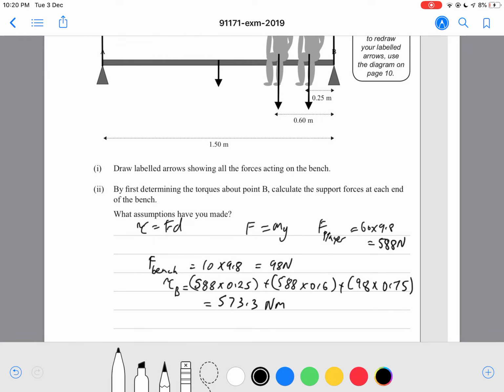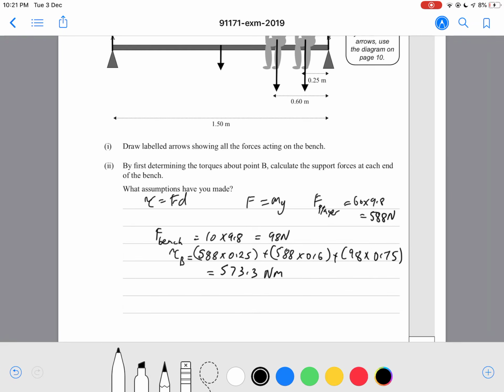We know that the torque about B is 573.3 newton meters, and we can use this torque about B to find the support force at A. We know the distance between the two supports is 1.5 meters.